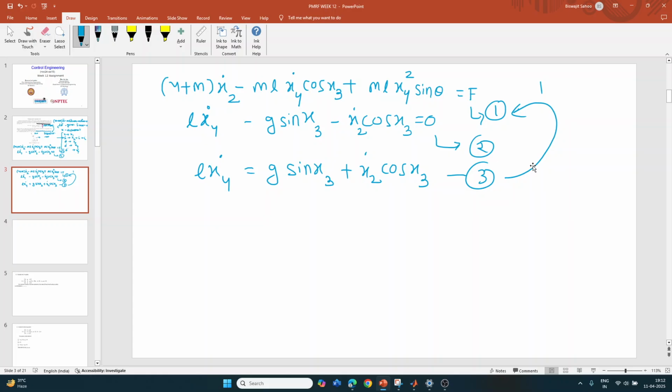Because you see equation number 1 first. In equation number 1 there are two variables, one is x2, another one is x4.